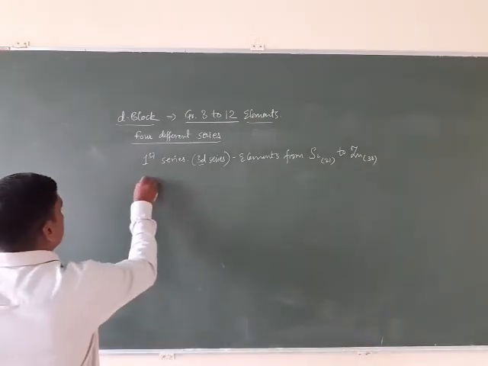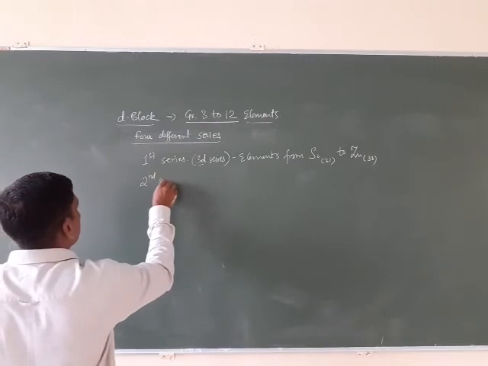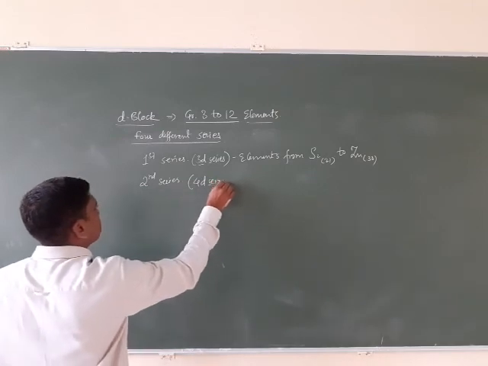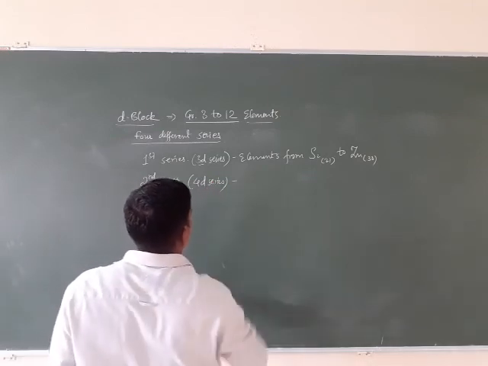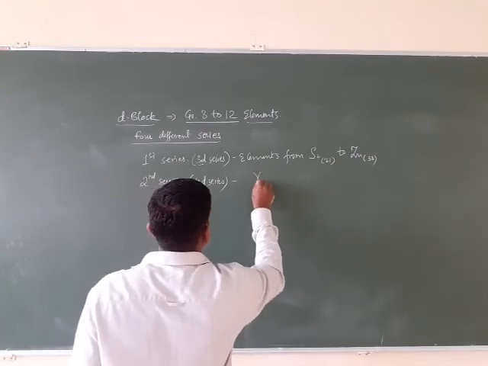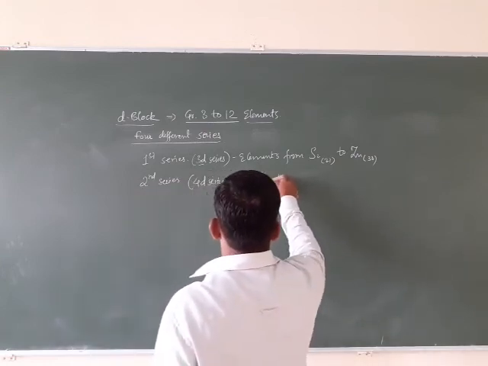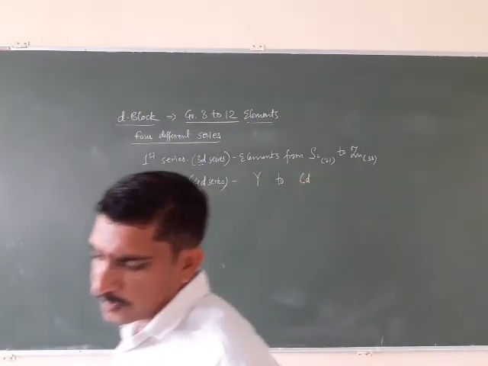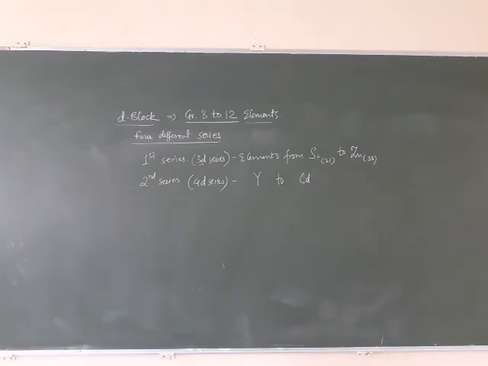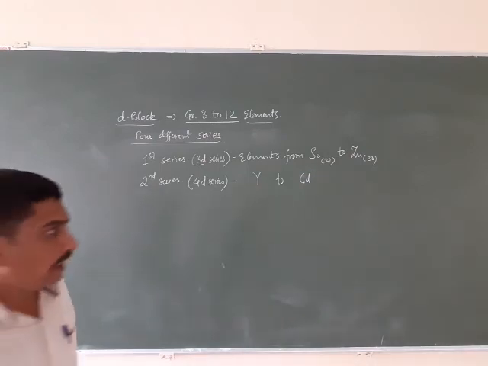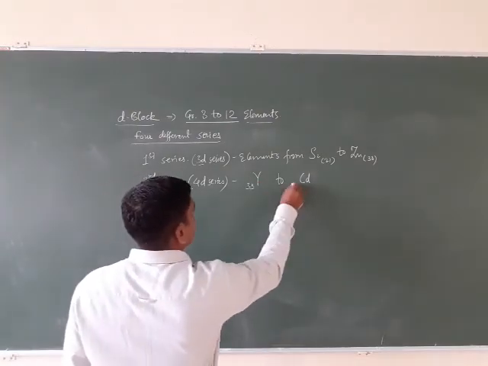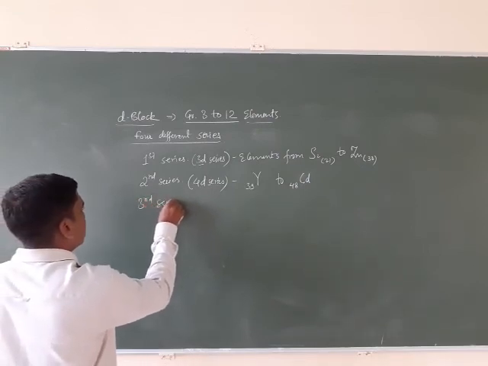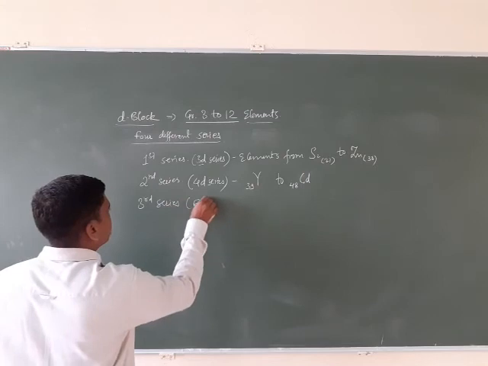The second series is also called the 4D series, and it consists of elements from yttrium to cadmium, having atomic numbers 39 to 48.